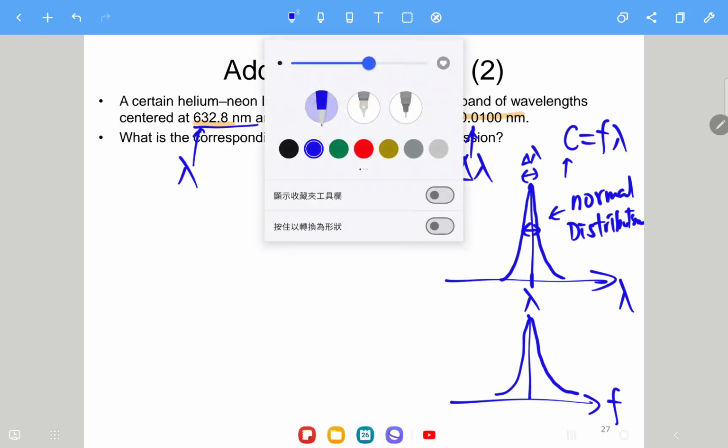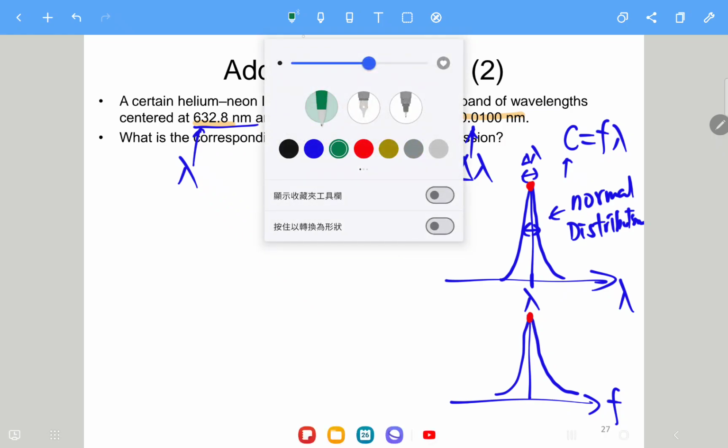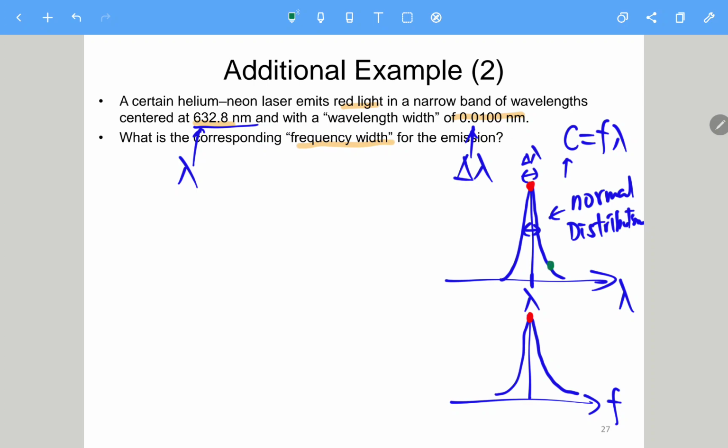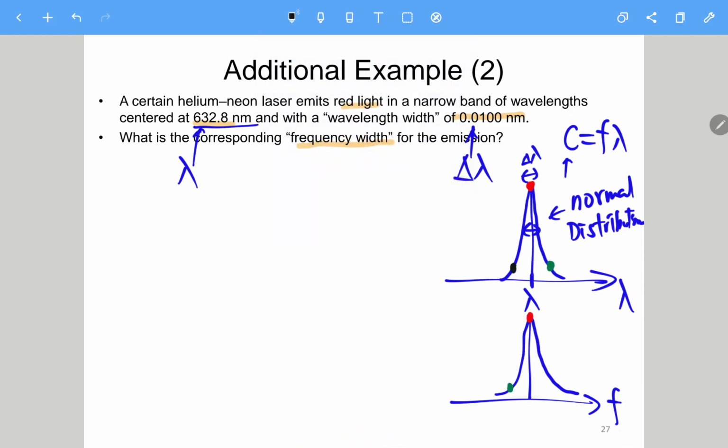A point here corresponds to this point: a longer wavelength refers to a lower frequency, and a shorter wavelength refers to a higher frequency.